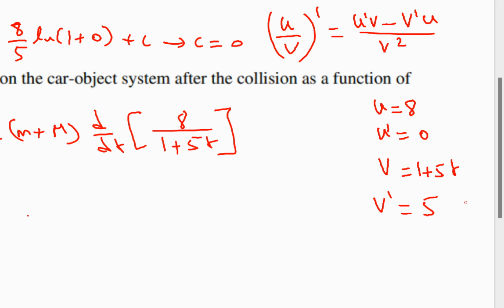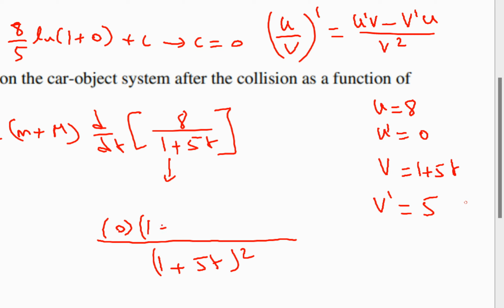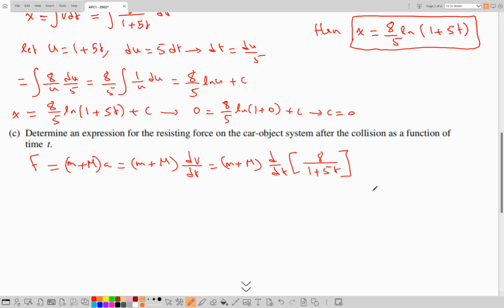So if you replace that, this would be given by a fraction with 1 plus 5t squared in the denominator, and in the numerator 0 multiplied by 1 plus 5t minus 5, which is v prime, multiplied by 8. So let me replace it here.